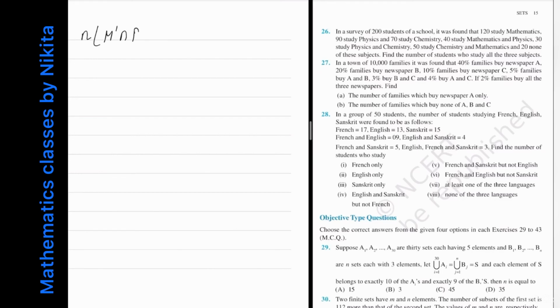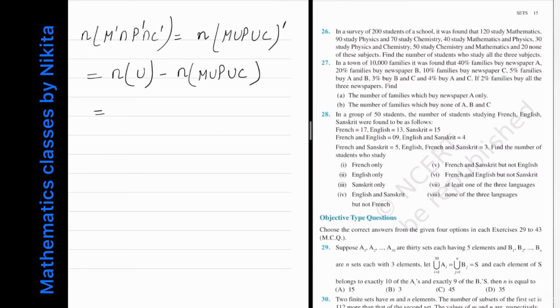First of all, using this, I can write this as M union P union C whole complement. And what is this? This is n of U minus n of M union P union C.